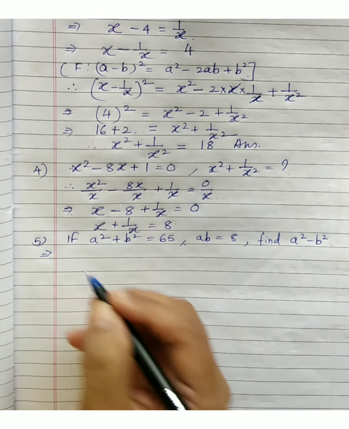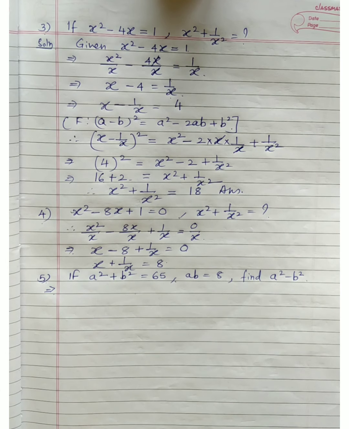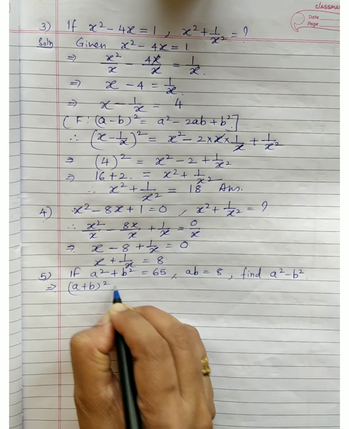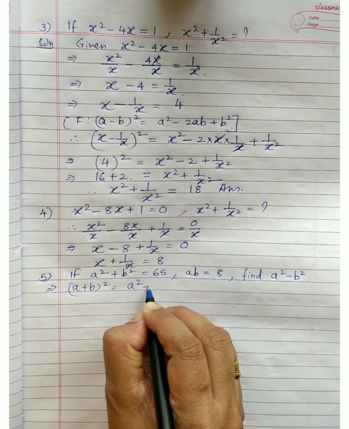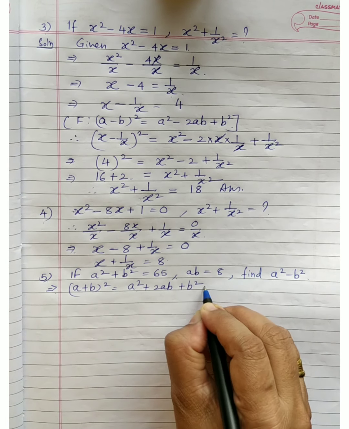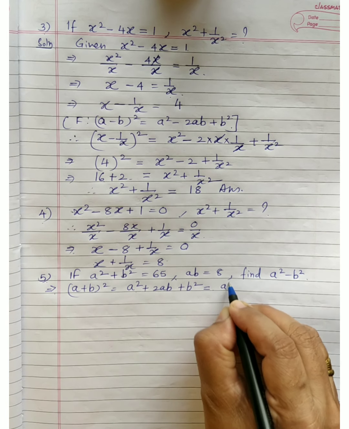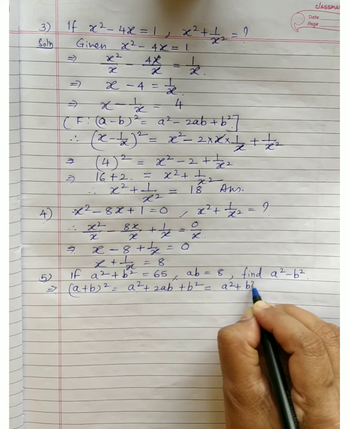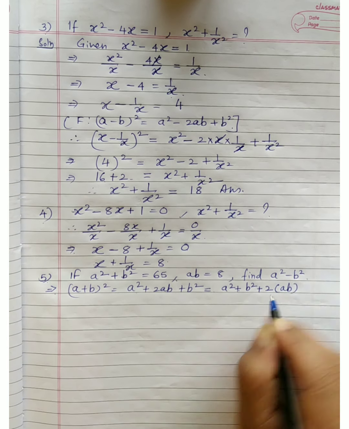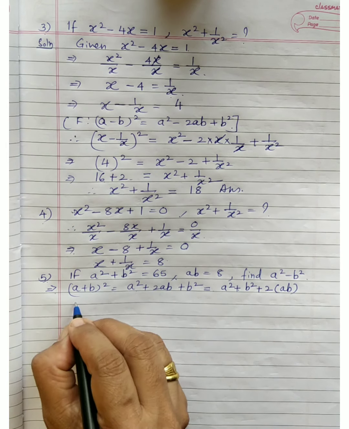First we will go for a plus b the whole square. A plus b the whole square, that is a square plus 2ab plus b square. That gives you, I am shuffling the terms just to make you understand what we are substituting here, right? A square plus b square together is given, so I have just shuffled the terms.